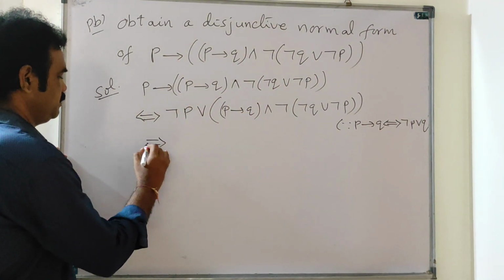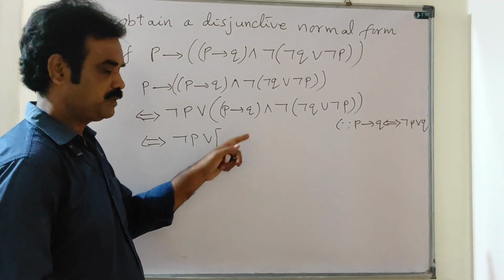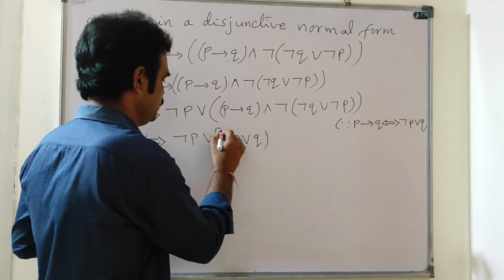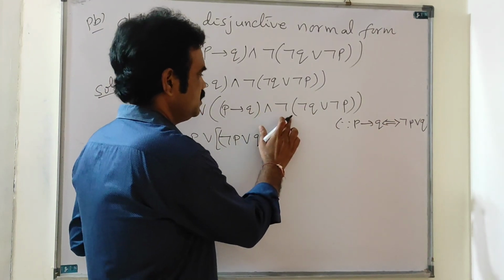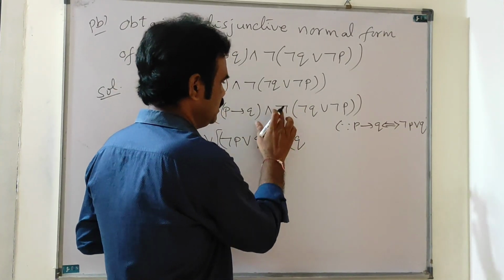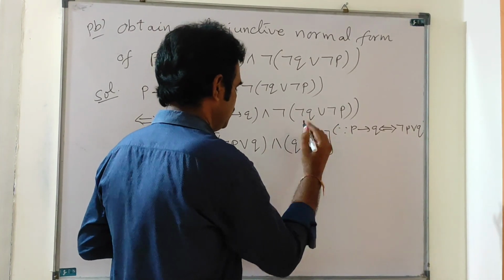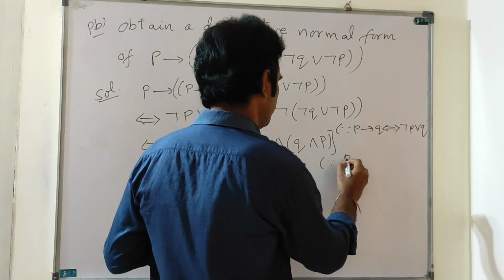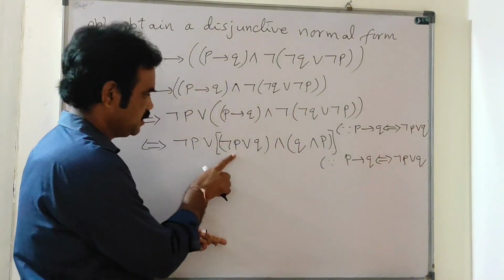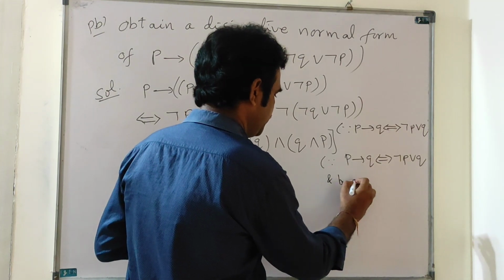That is equivalent to negation P or Q, and by De Morgan law, negation of negation Q is Q, and negation of negation P is P.